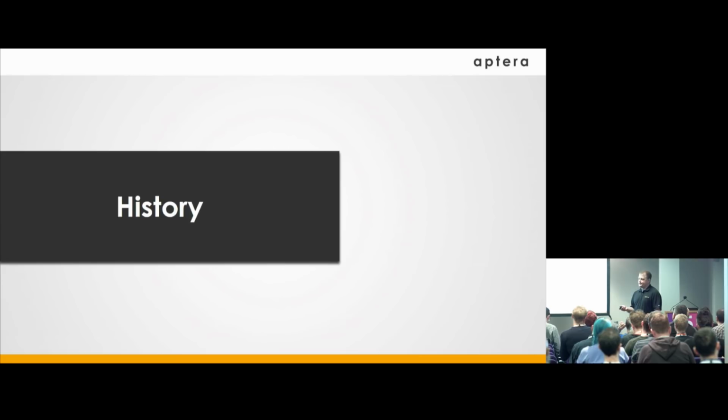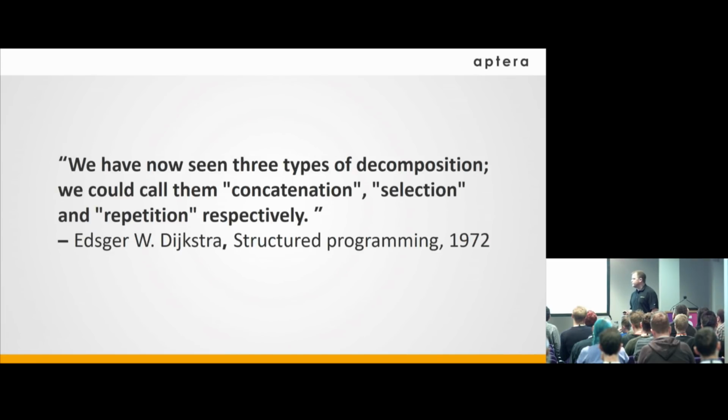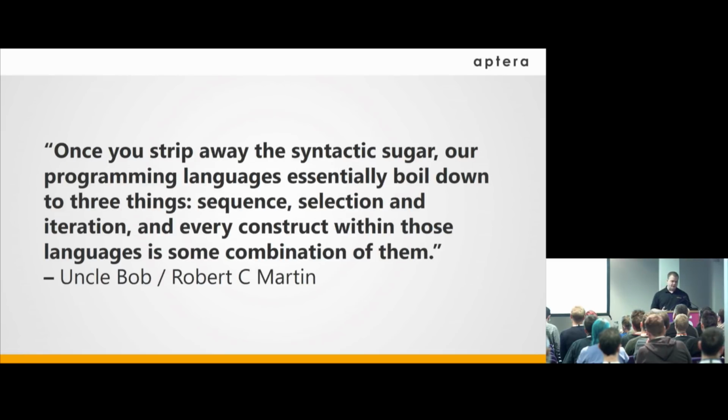To get a better idea of the importance of this feature, I wanted to step back just for a second and talk about some history. And this goes back to 1972, where Dijkstra said that we have now seen 3 types of decomposition, and we could call them concatenation, selection, and repetition. That's kind of hard to understand. Uncle Bob has said it more modernly, where he says, once you strip away all the syntactic sugar, our programming languages essentially boil down to 3 things: sequence, selection, and iteration.